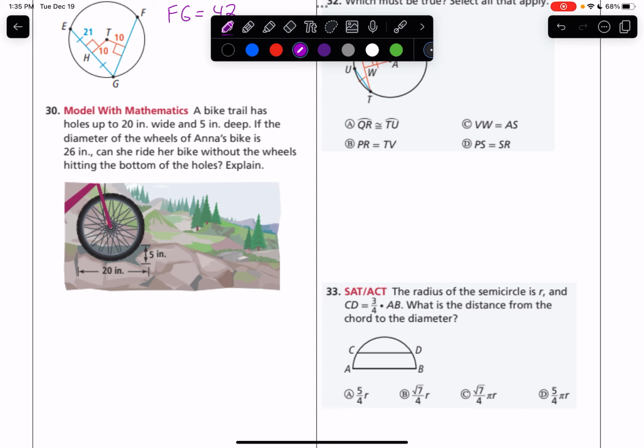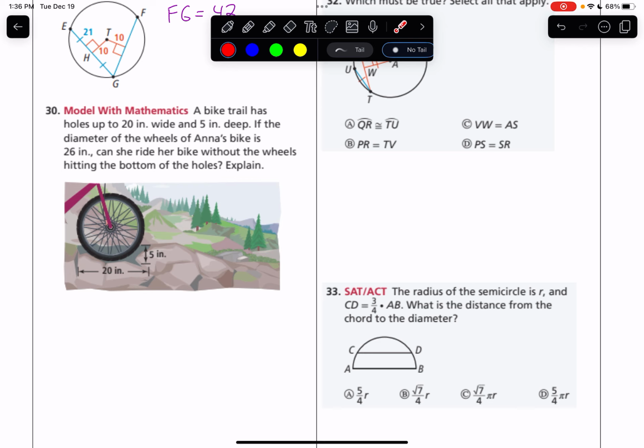Let's see. So what we want to figure out is whether the distance from the center to the edge, so we know the radius, which is 26 inches, is going to be longer or shorter than the actual height of the hole.